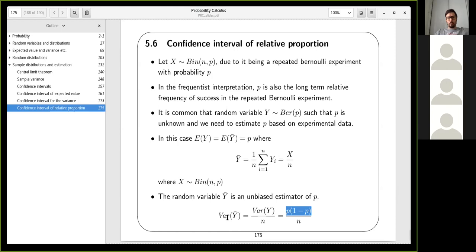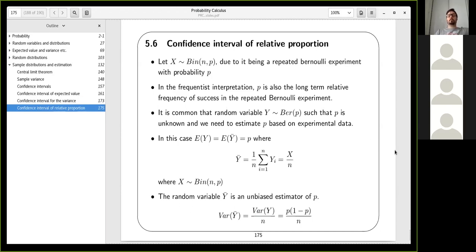So in this case, the sample mean of Y has n repetitions. So this has a variance of P times 1 minus P over n, because it's the variance of Y over n. This is the average.